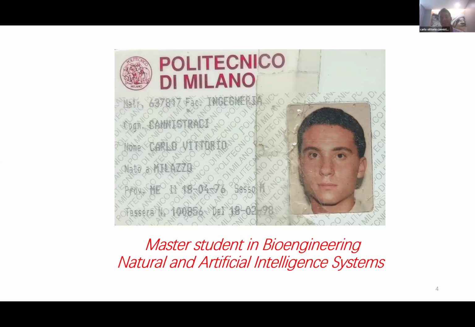Everything started in reality when I was a master student, and I was supposed to take a course in computer science at Politecnico di Milano, but I was in love with the brain and its ability to process information. I asked the dean of the computer science course for suggestions.